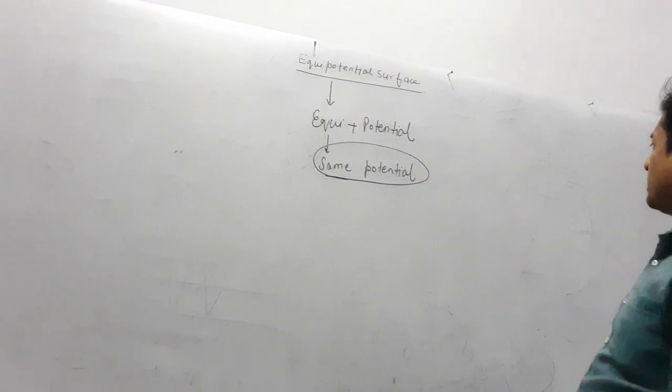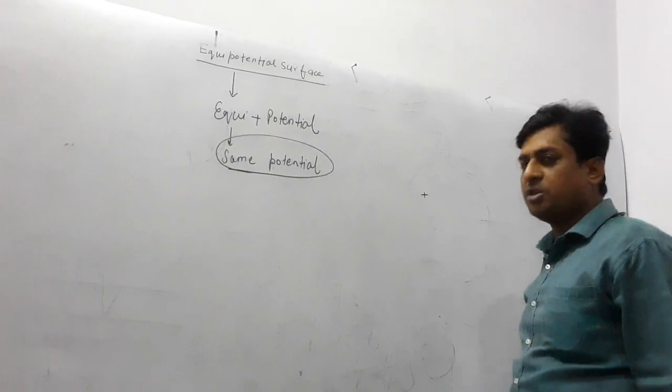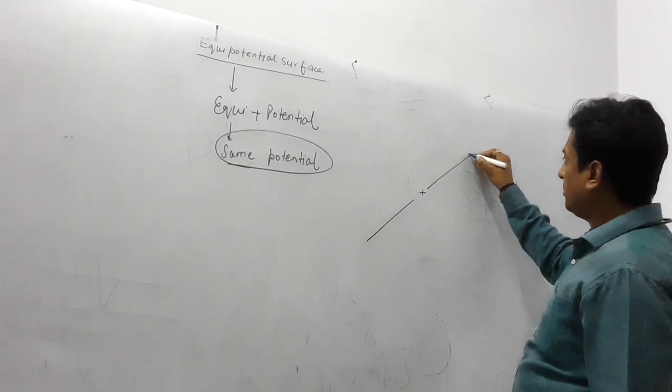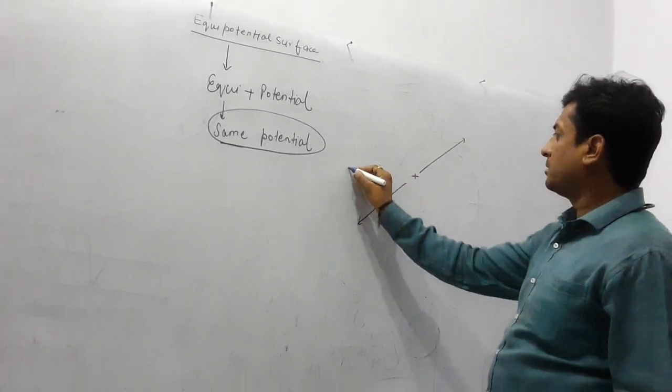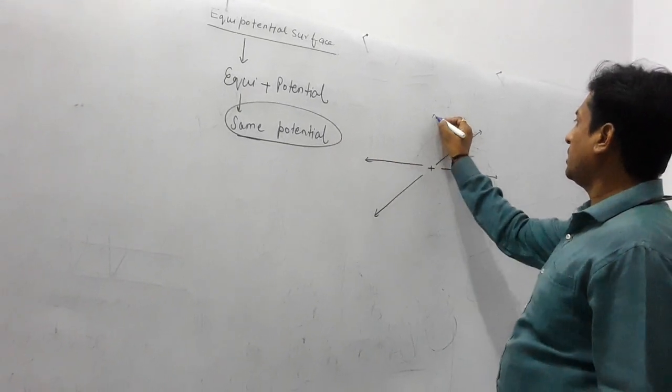You can understand it in this way also. Suppose an isolated positive charge, and draw the electric field line pattern. You will get radially outward lines.